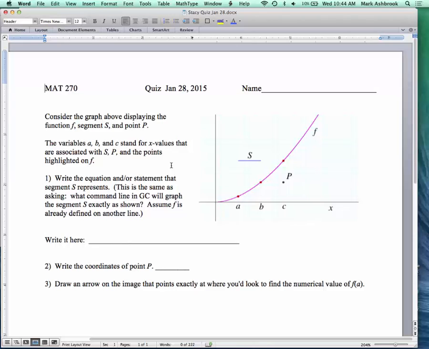Last chance. Okay, get out something else. You're going to grade your own. Get out something else to write with.